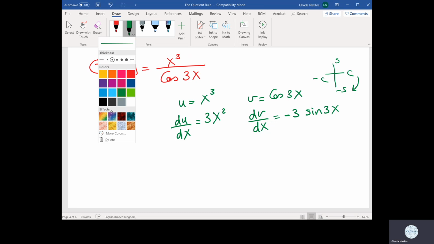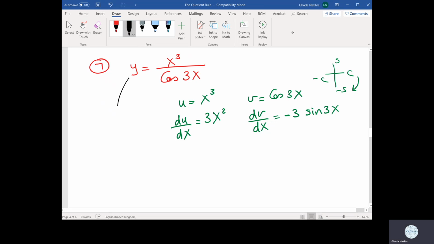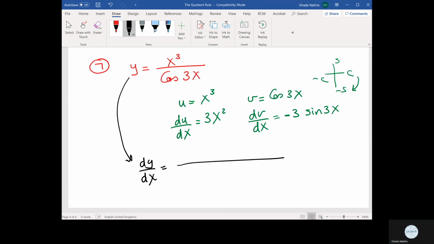And then next, apply the quotient rule. dy by dx is equal to v multiplied by du by dx, so 3x squared multiplied by cos 3x, minus minus, so this is going to become a plus.